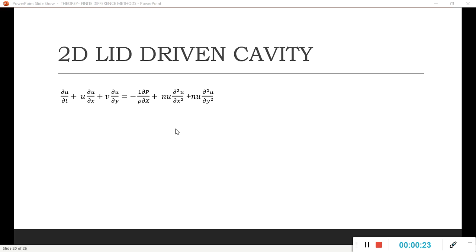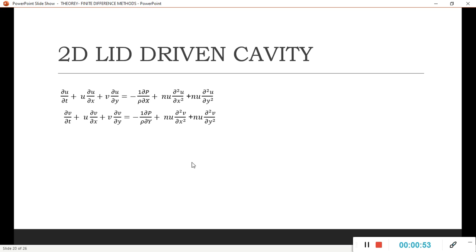Okay, so there should not be anything that's not familiar now except for the pressure gradient term in this particular equation. So what we have here is the u momentum equation, in which we have the time derivative, the convection term, the pressure gradient, and the diffusion term.